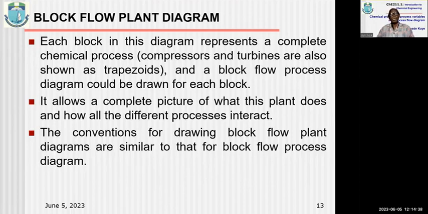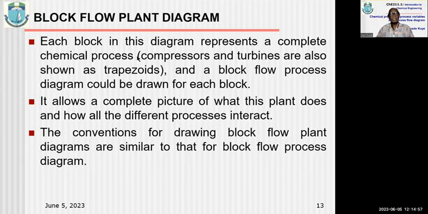So the block flow plant diagram is also similar to what we have done. Remember the other one, just block flow diagram. You can also do the same thing for the whole plant, the whole process plant.